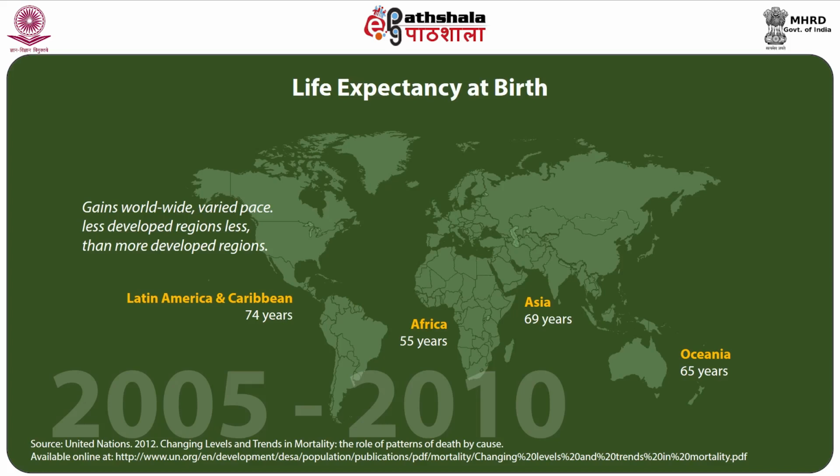Life expectancy is as high as 74 years in Latin America and the Caribbean, whereas in Asia it is 69 years, in developing Oceania it is as low as 65 years, and the least is noticed in the African continent, which is almost as low as 55 years.